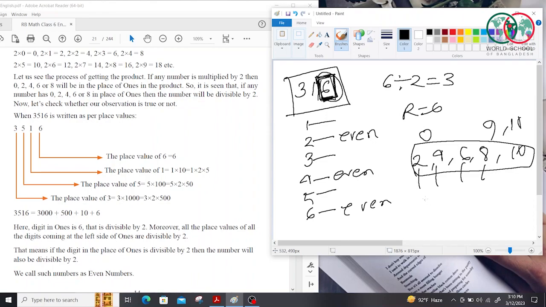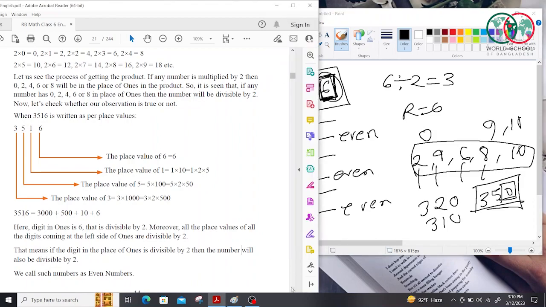And also if the number is 20, 10, or 350, in short, if there is 0 in the ones place, then the number will also be divisible by 2. Okay, so that will also be an even number.